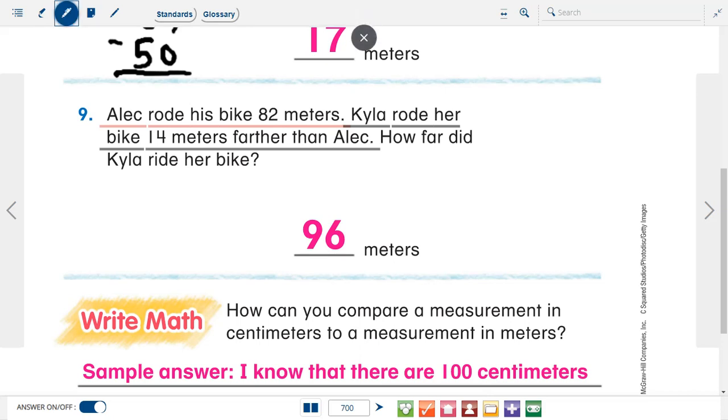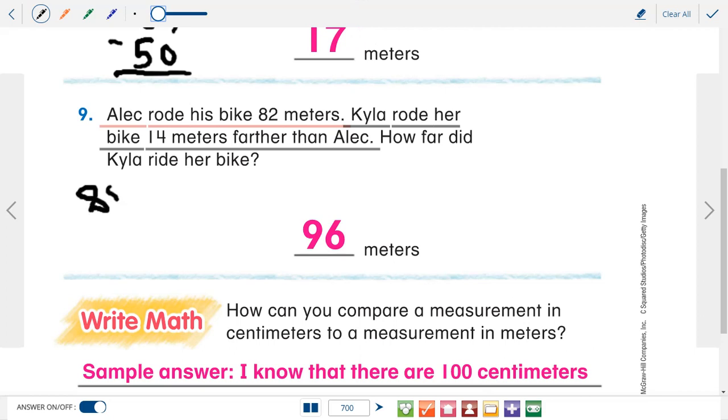And this is a different thing. So she rode her bike. Let me use thicker color. Okay, so she rode her bike for 82 meters, then she also rode her bike for another 14 meters. Okay, so that's why we're adding. She did 2 trips. Let's divide them to 2 steps.